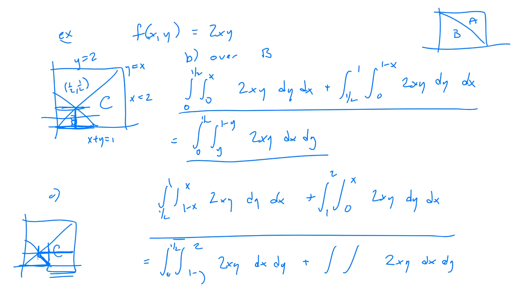Above the line, what is now the left function? Yep. The function is 2, and that is true from this line all the way up to the top, so therefore from 1/2 to 2.